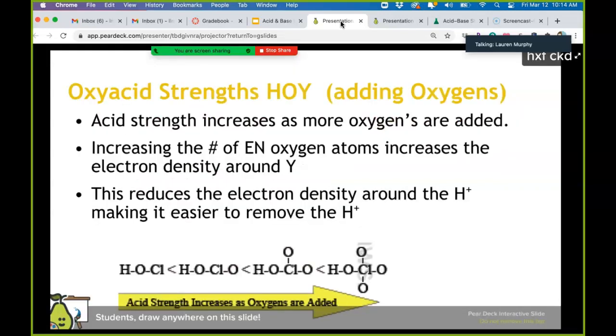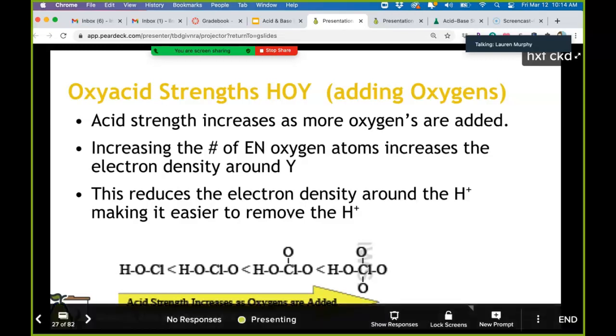Okay. The more oxygens you have, the more acidic the acid is. The reason is oxygen is the second most electronegative element on the periodic table, right behind fluorine. It's fluorine and then oxygen and then nitrogen. So the more oxygens you have, the more pulling away of electrons you have from the hydrogen. So in fact, this is kind of interesting, right?